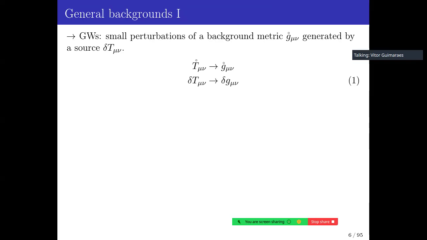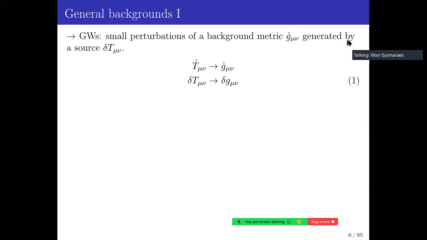It is a curved metric, but we are not saying which metric this background is exactly. So it's a general curved background metric. We will see what happens as we do small perturbations of a background metric G with this little circle, this ring on top here, which represents the background metric.